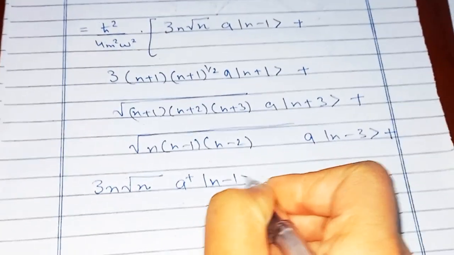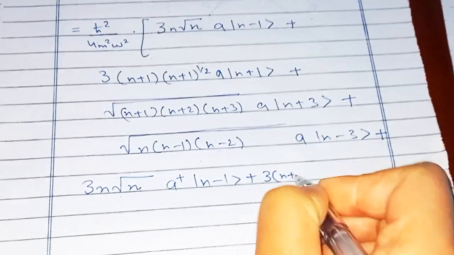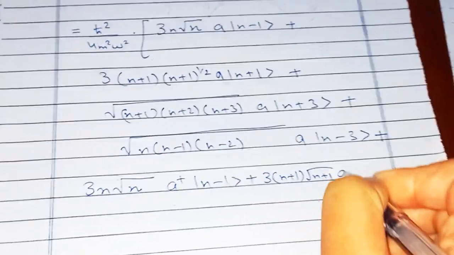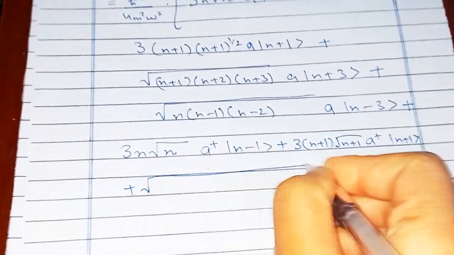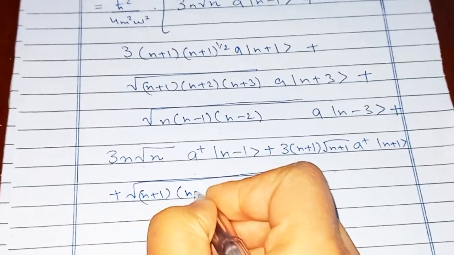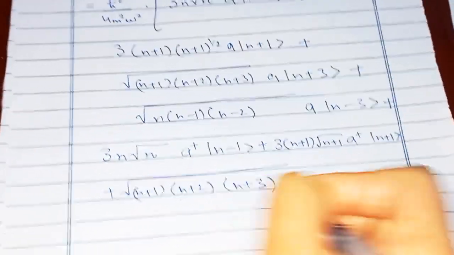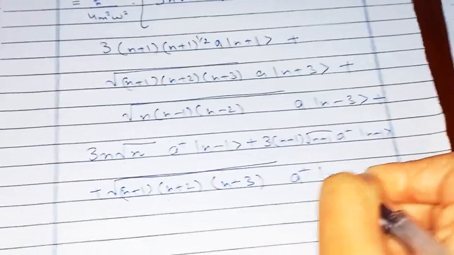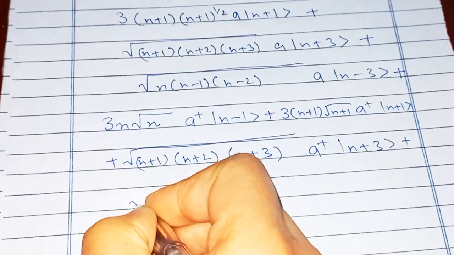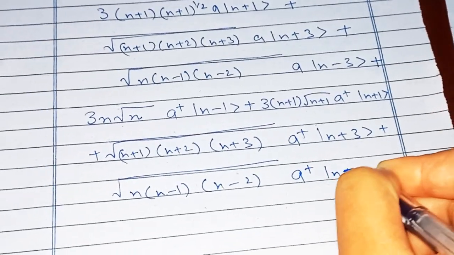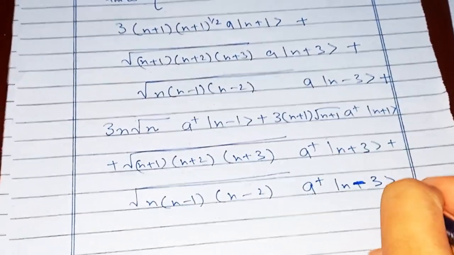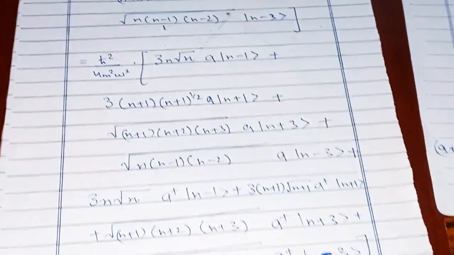Raising operator, then 3 into n plus 1 into under root n plus 1, raising operator on n plus 1, then this under root term, a raising operator on n plus 3, plus the last term, which is this, and a plus applies on n minus 3. Last term is n minus 3, and the bracket closes. Okay, a total of 8 terms.